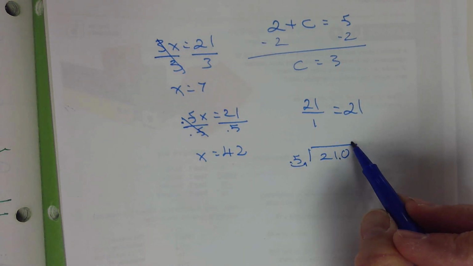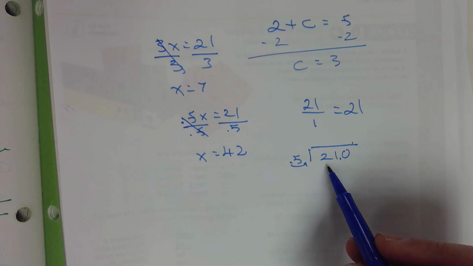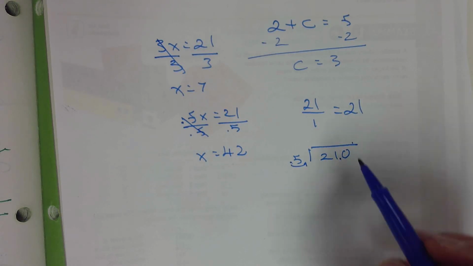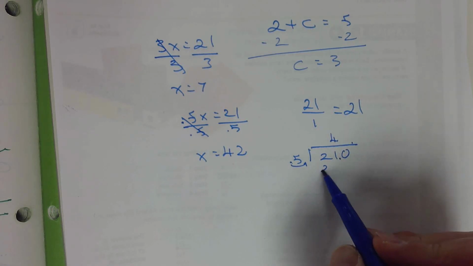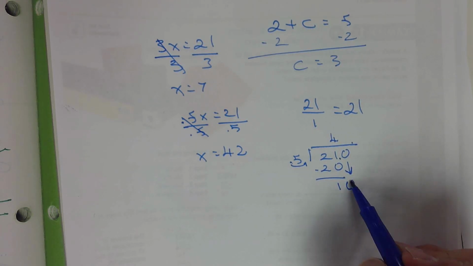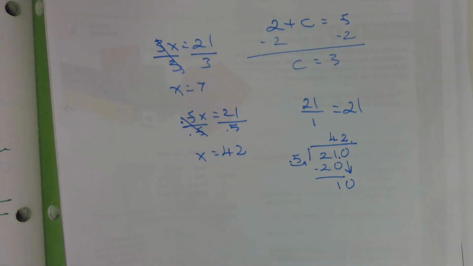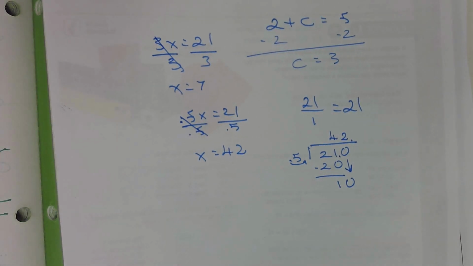So the decimal goes straight up. Does 5 go into 2? No. Does 5 go into 21? Yes. How many times? 1 left over. Bring down that 0. How many times does 5 go into 10? Twice. There you go. 42. Look at that. It matches.